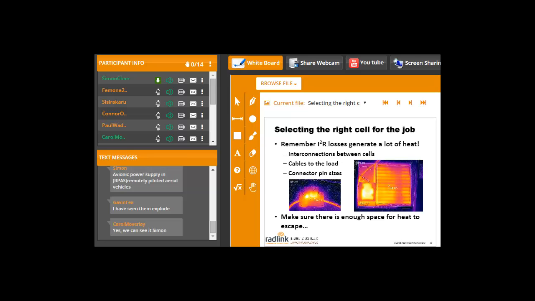Now, this is the circuit breaker that we're using for this particular design to make sure that even though we've got battery management systems and the works, the circuit breaker will still click in and kill the circuit in the event of a sustained short circuit, or for instance, if the battery management system might fail. The circuit breaker is actually running warmer than the battery. As you can see, it's 39 degrees C. So there's always a need to make sure that there is enough space for the heat to escape in your design.